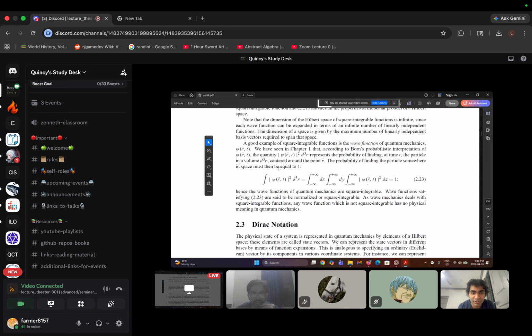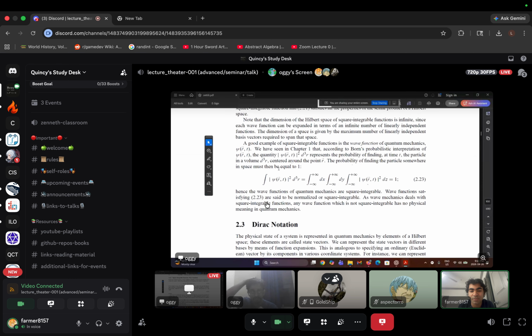Does that make sense? Okay, so this is just probability, right? So this represents the probability of finding the particle at any position.